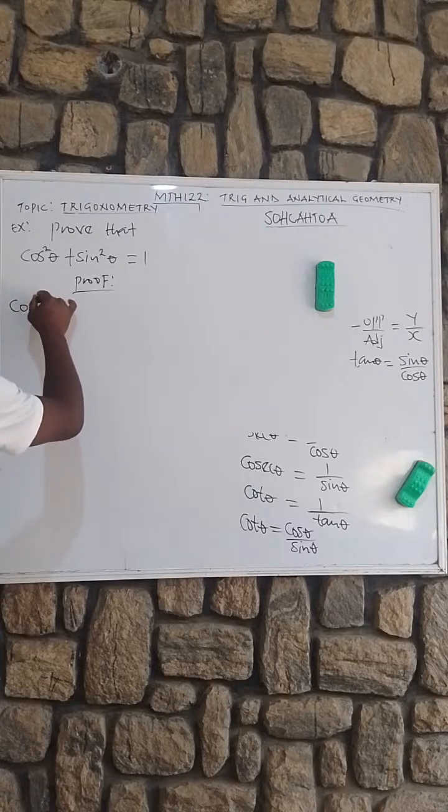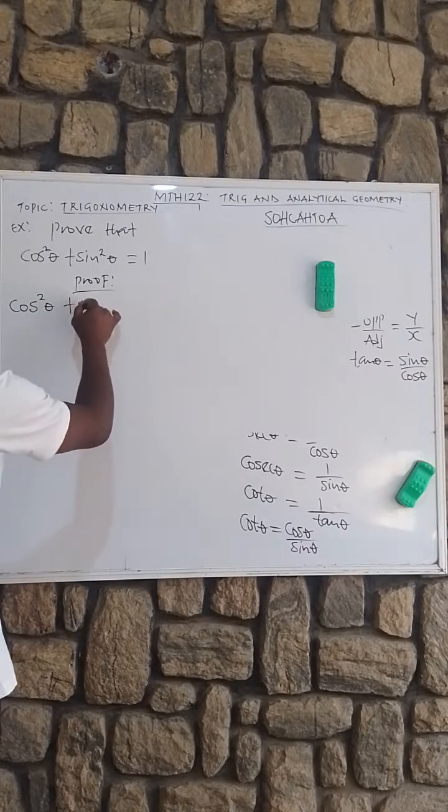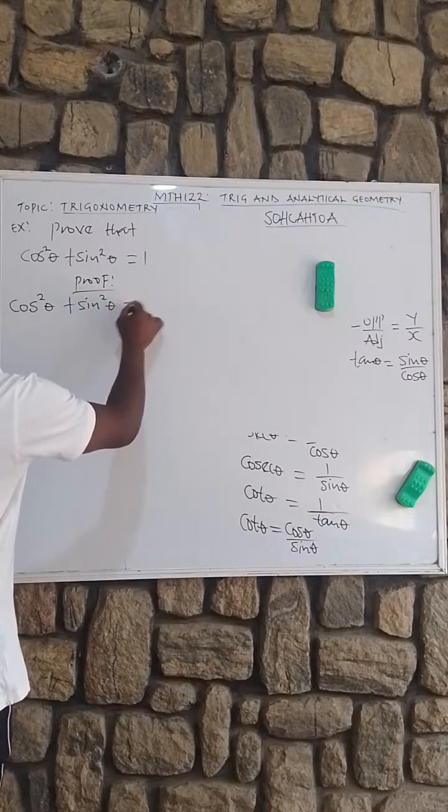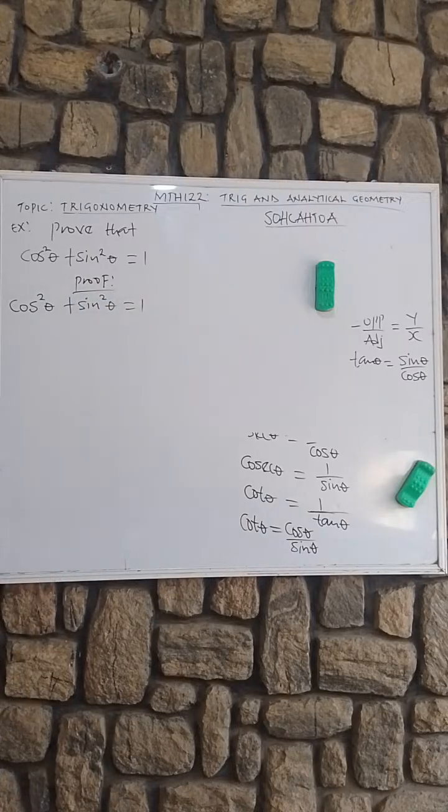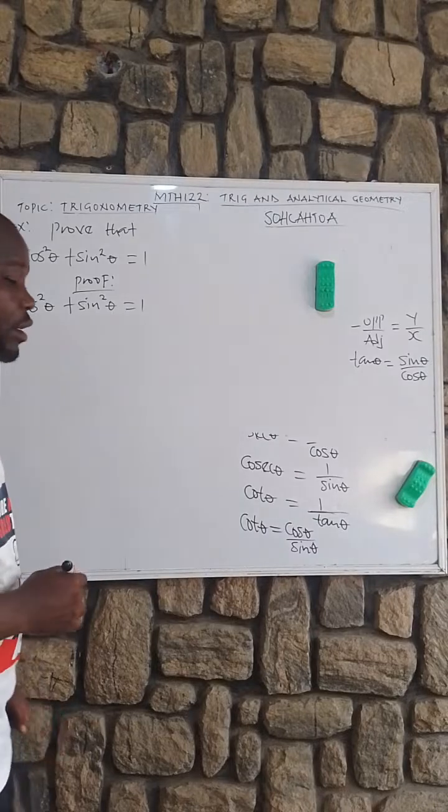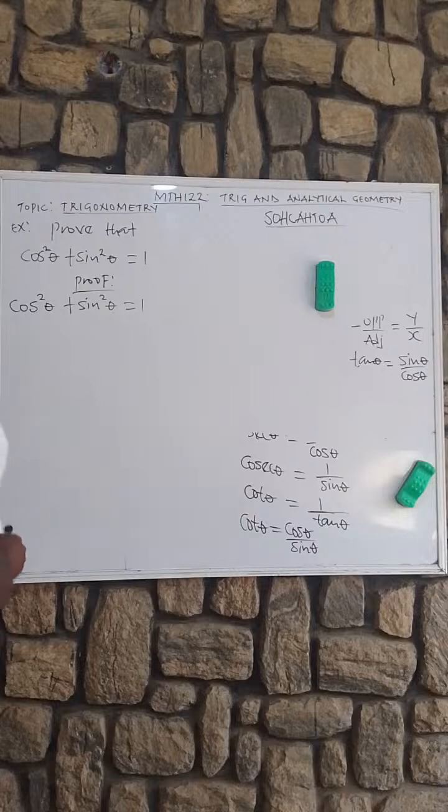Our cos square theta plus sin square theta is equal to 1, right? They said we should prove that this is equal to 1. Prove how we obtain this equation. It's simple as ABC. So let me just show you guys.